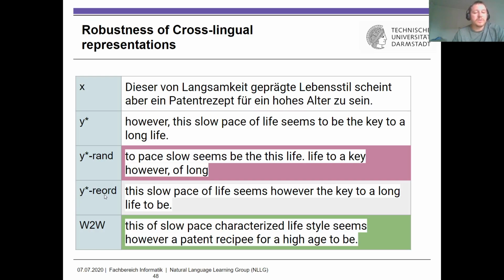The expert reordering is: this slow pace of life seems, however, the key to long life to be. What you see is the "however" moves into the middle, like in the German, where the "aber" is in the middle. And "to be" moves to the end, which is very typical for German. You have verb final position in German, right? Verb second position.